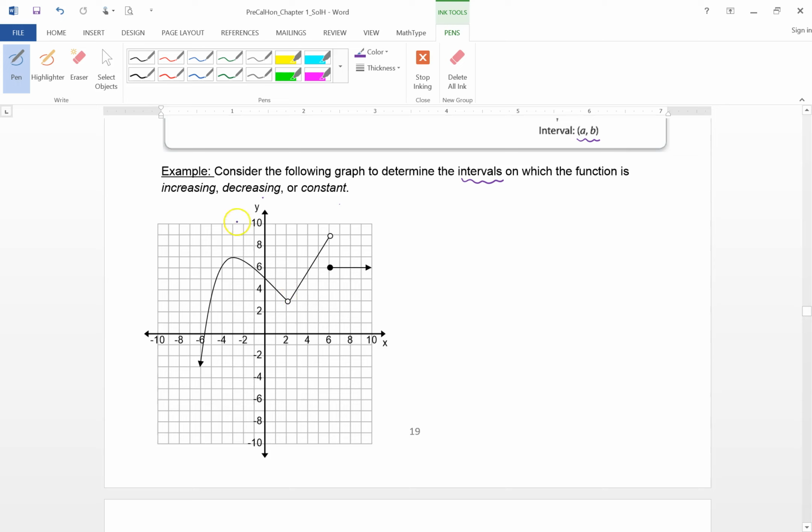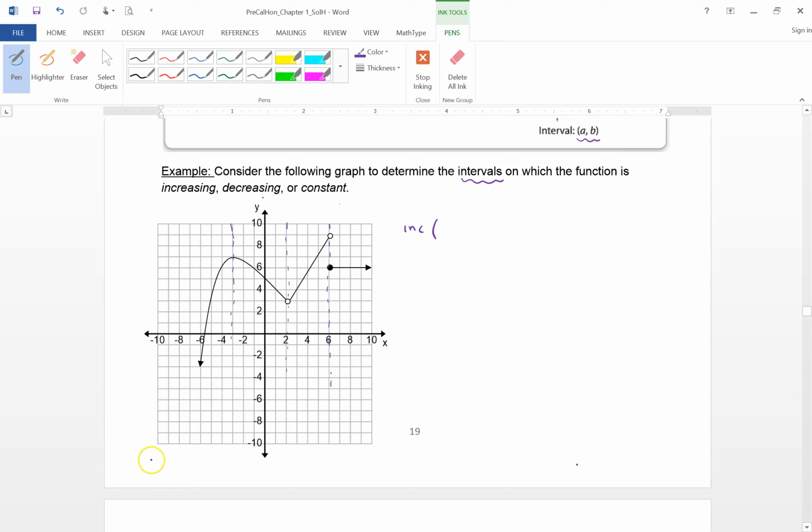So now we want to split it up into the intervals where this change is happening, okay? And then there's another change here. So I'll do the first portion. It's increasing, okay, on the interval.